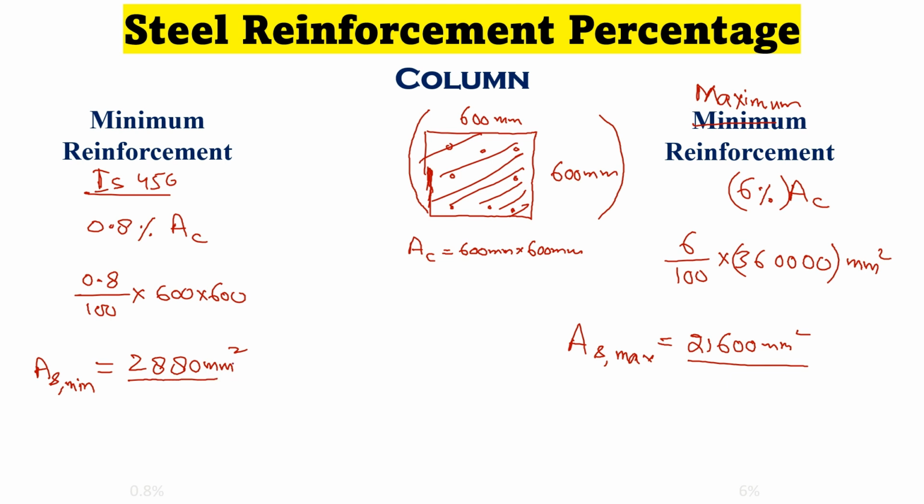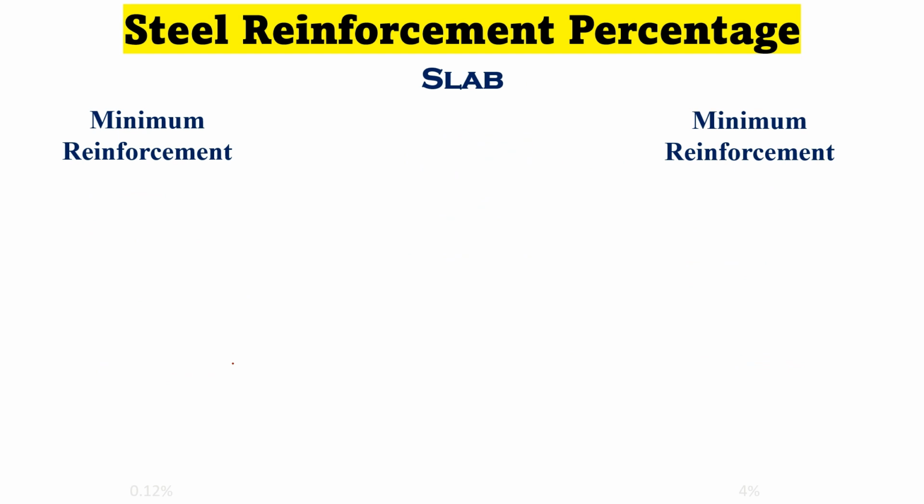2,880 millimeter squares. For the case of slab, the minimum reinforcement is 0.12%, while the maximum reinforcement is 4% of the cross-sectional area of the slab.